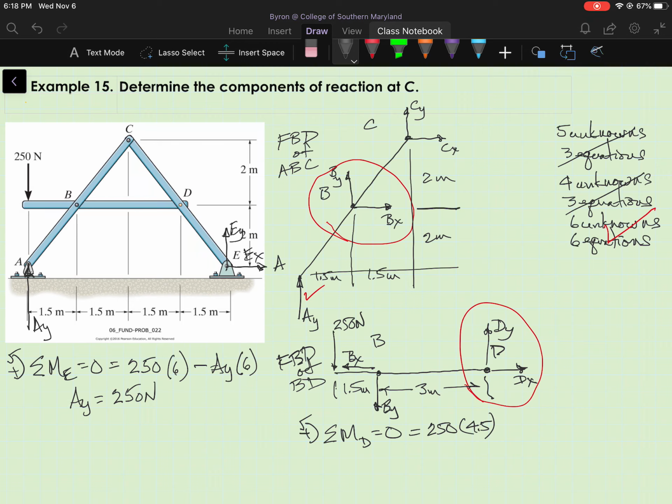And the way I showed B sub y here, and I have to be consistent now, that's B sub y is, the way it's drawn, is creating a positive moment about D of B sub y times 3. I solve for B sub y, and I get B sub y equals negative 375 pounds.